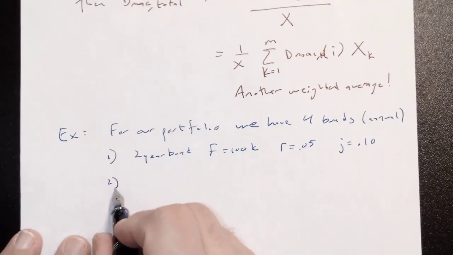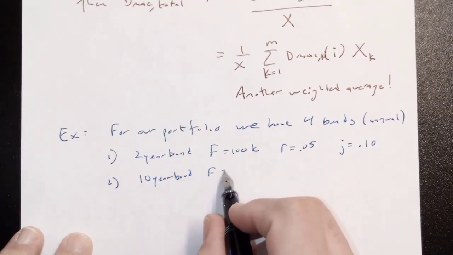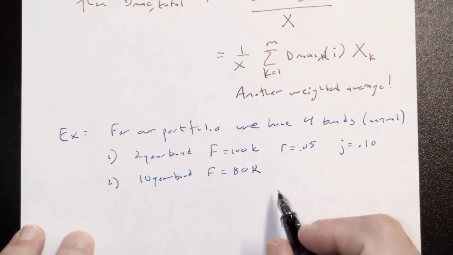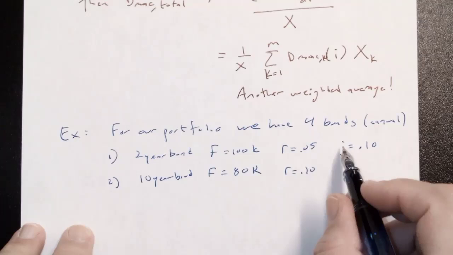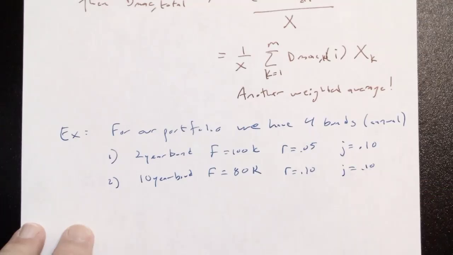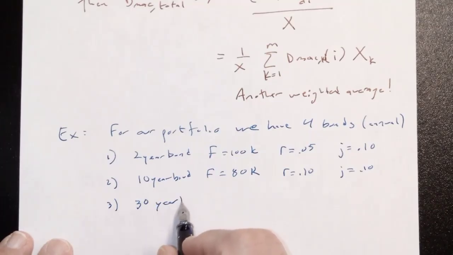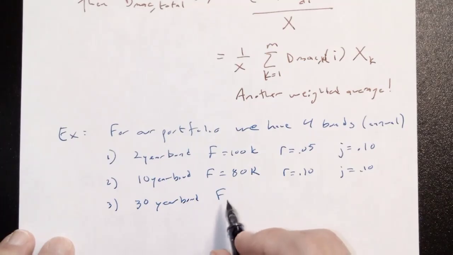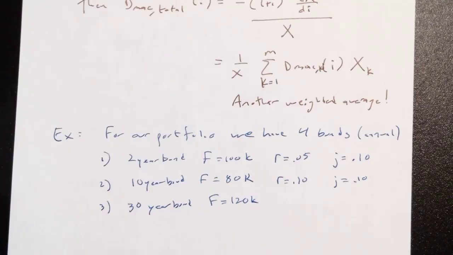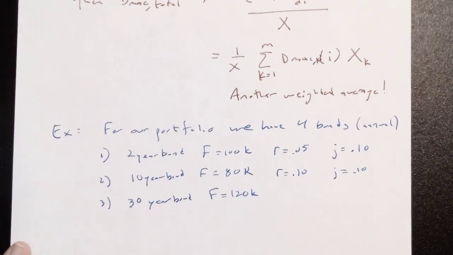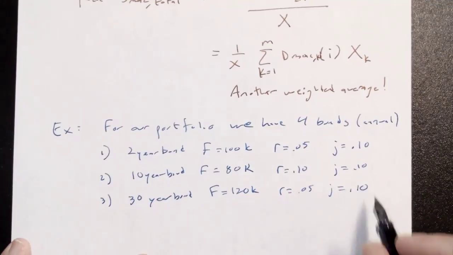Part 2 is a 10-year bond with a face value of $80,000 with a coupon rate of 10%. And again, our same yield. Then we have a 30-year bond with a face value of $120,000. Hey, maybe that's somebody's mortgage. With a coupon rate of 5% and the same yield.